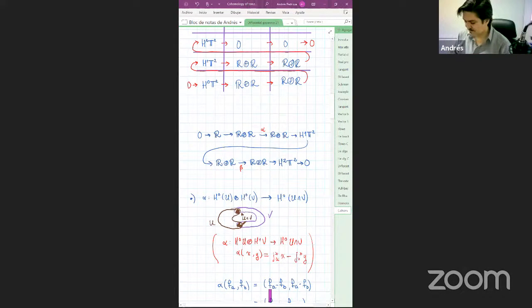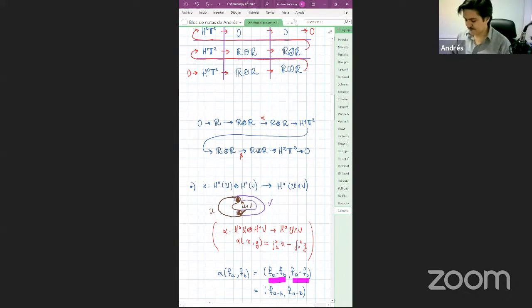So this is this function, this other function. That's basically the constant function A minus B on this part, and the same function A minus B, but now on this other component.